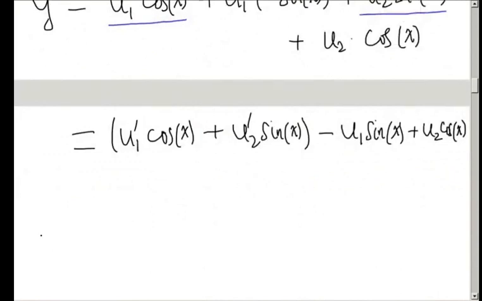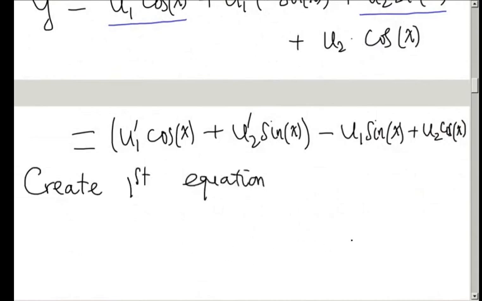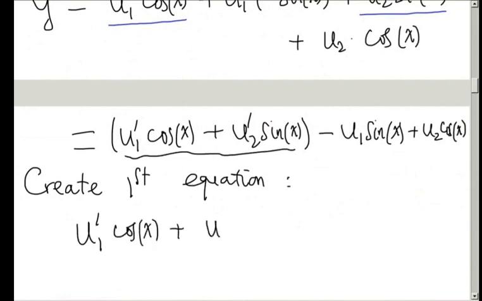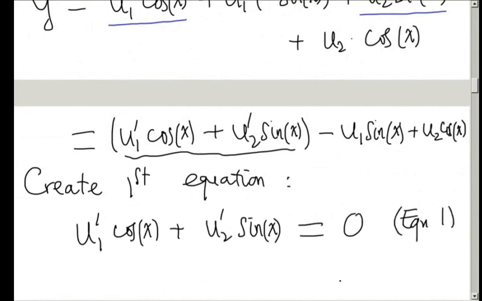Now from here, we create the first equation by setting the whole group here to be 0. u1 prime cosine x plus u2 prime sine of x equals 0. This is our equation 1 that involves u1 prime and u2 prime.